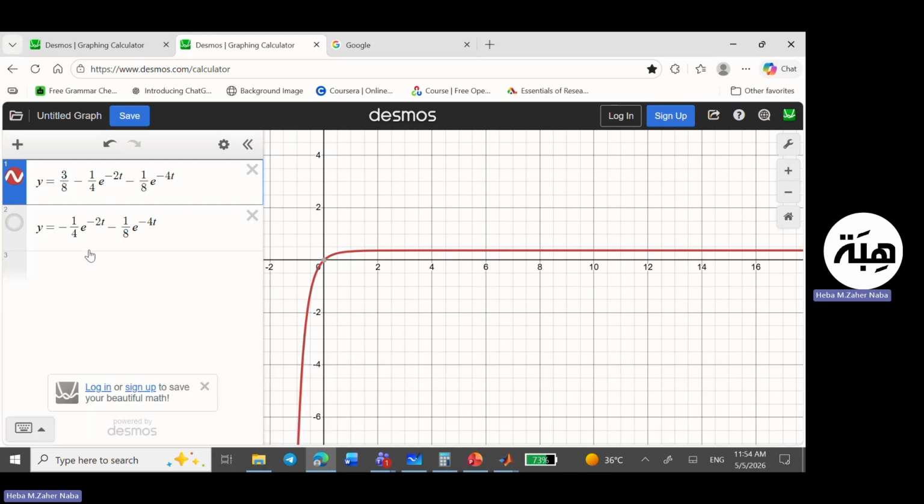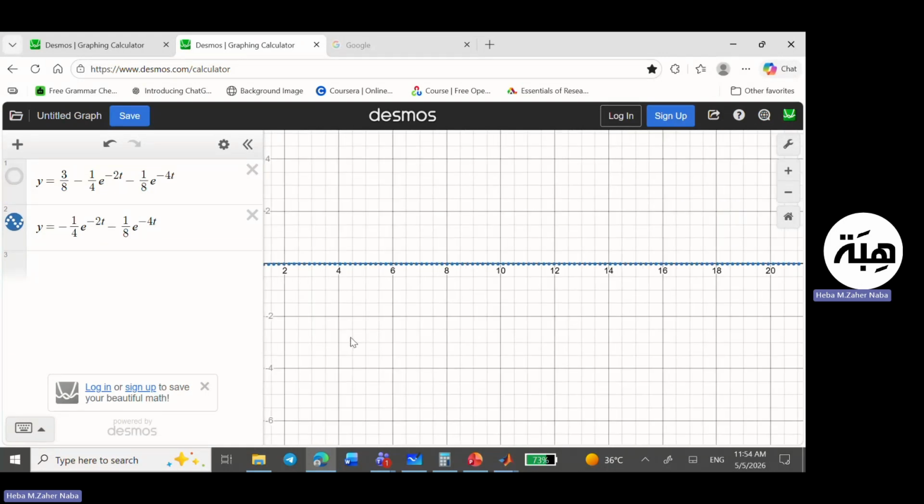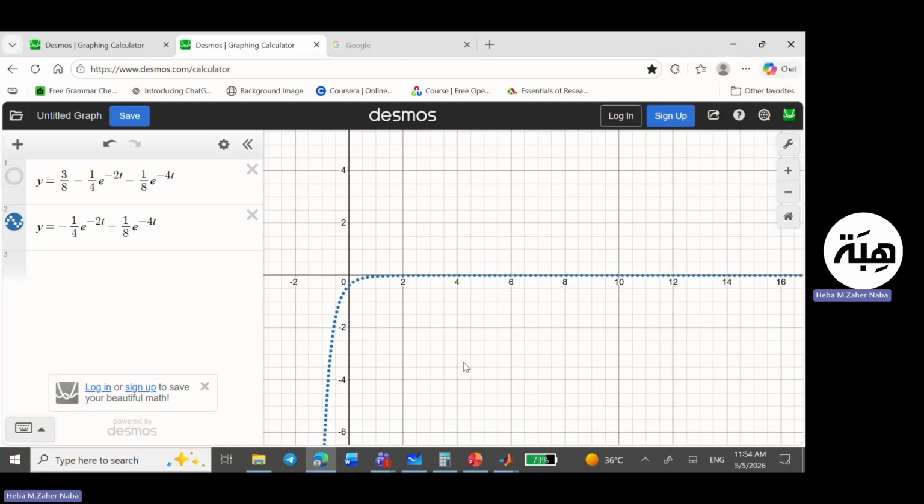Let's better understand that. Let's first visualize the input response. The natural response decays to zero, and once I apply the forced input, since it's a step input, I have a specific constant that the system will approach.